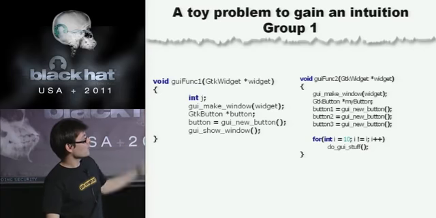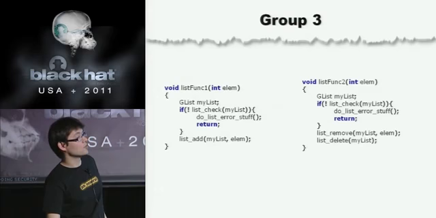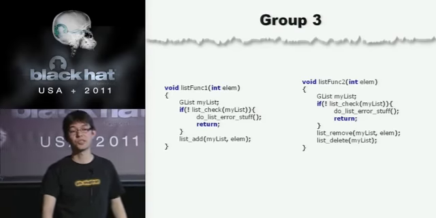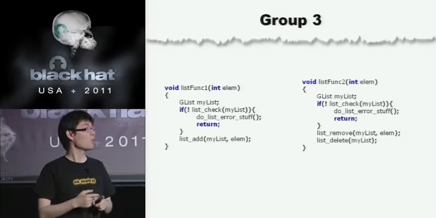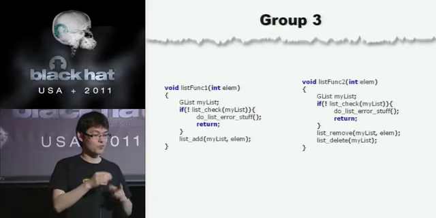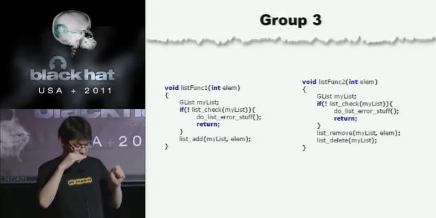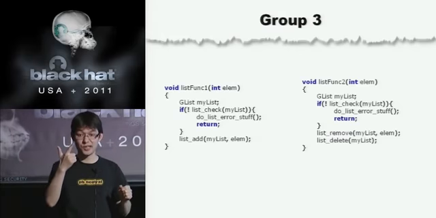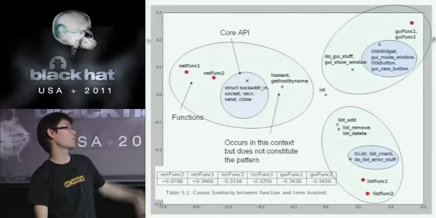And you have 3 APIs, the GUI functions, the network functions, and the list functions. And all of these functions contain the symbol int. And now we're going to do the decomposition and show what the vector space looks like when we project onto the most dominant and the second most dominant API usage pattern in this toy example. And this is what it looks like.